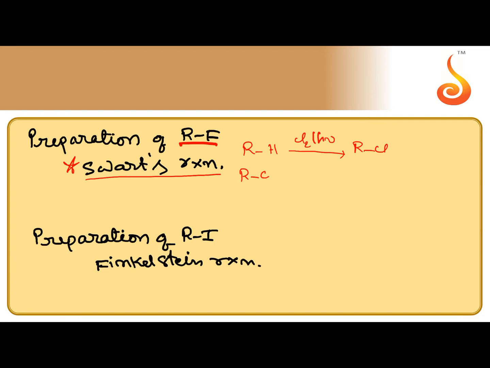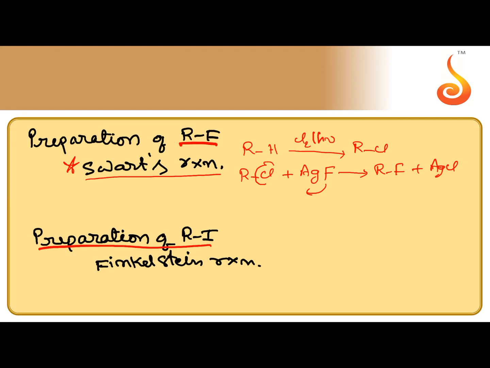From alkyl chloride, indirectly chlorine is substituted by fluorine. For this purpose, fluorinating agent like AgF, silver fluoride, is added. Now chlorine is replaced with fluorine. That's why the method is called halide exchange method, RF plus AgCl.